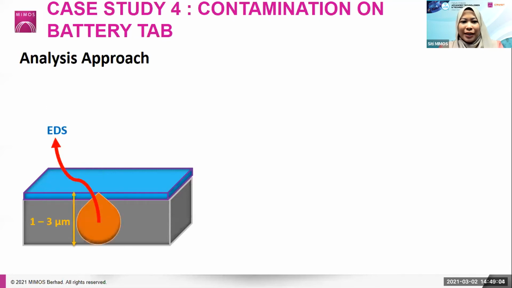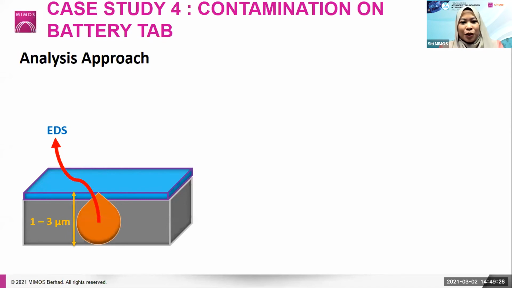However, if we use EDS, the signal penetration is about 1 to 3 micron from the sample surface. If we choose this option, there's a possibility that we are not able to determine the information of the contaminants because the EDX signal will be dominated by the bulk region of the sample.